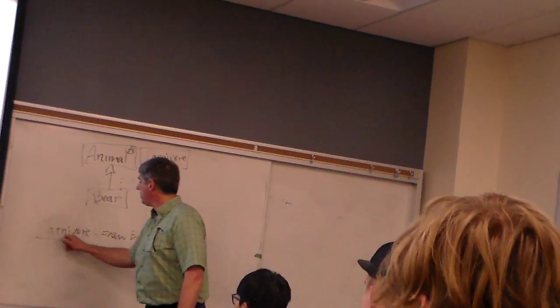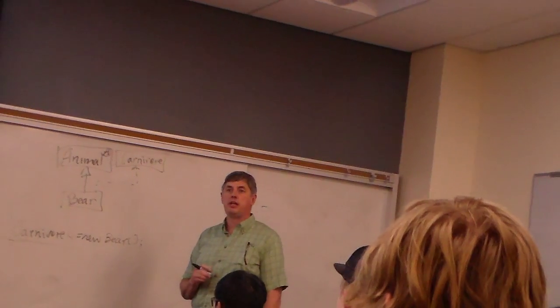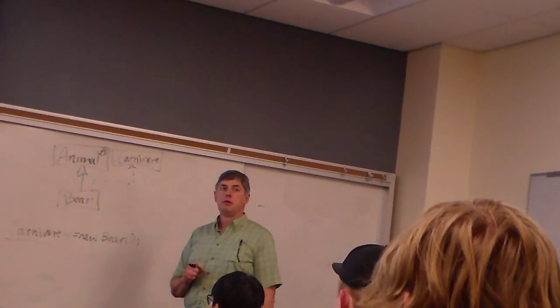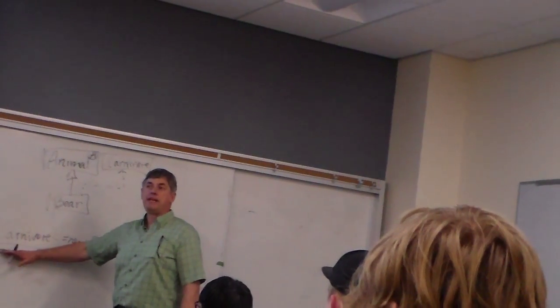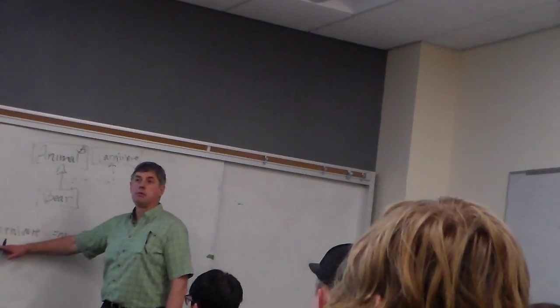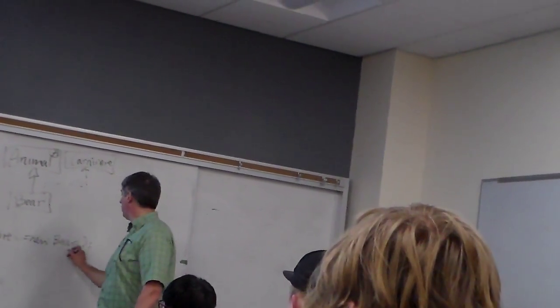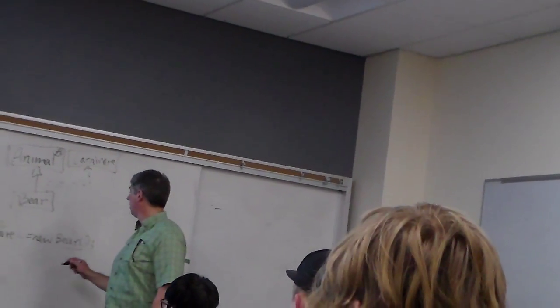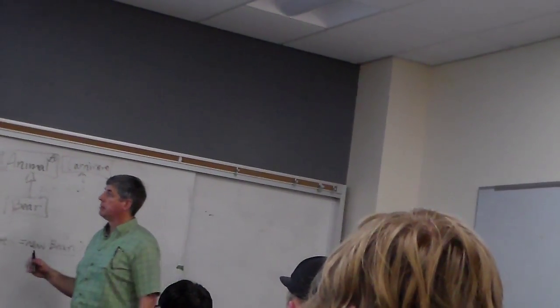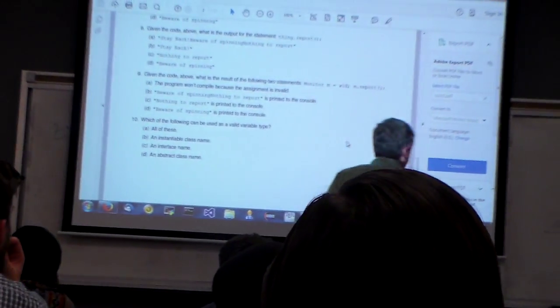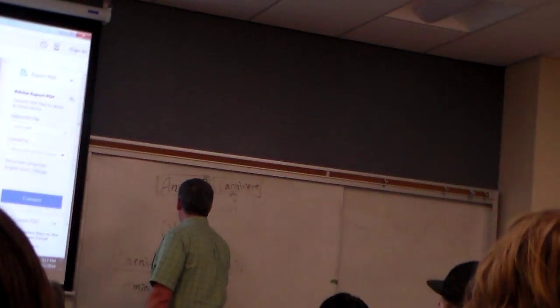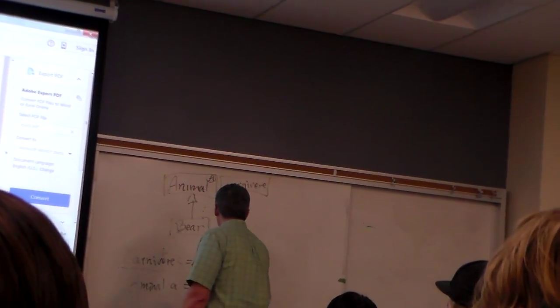Because a carnivore, even though it's an interface, and we can't instantiate an interface, we can make our variable have an interface as its declared type. Because a bear is a carnivore, all right? We can do the same thing with our abstract. We can also have an animal A is equal to a new bear.